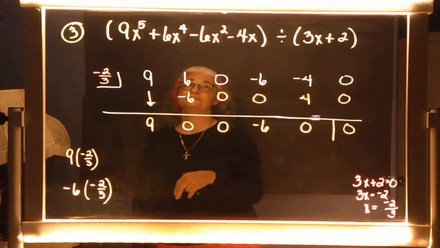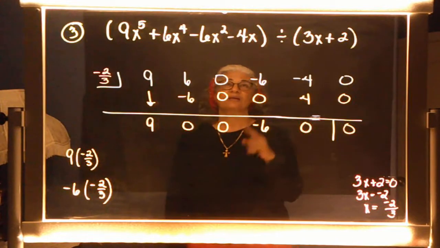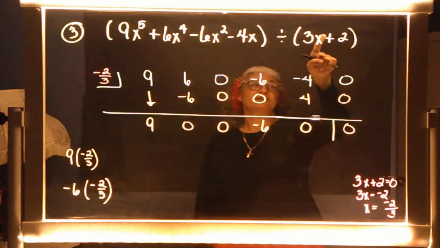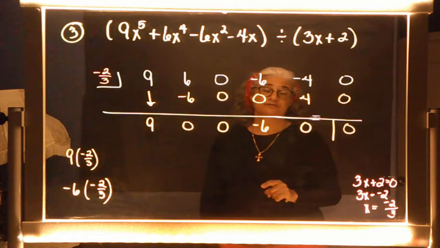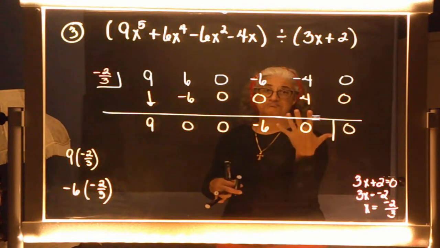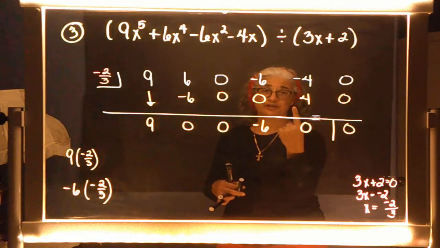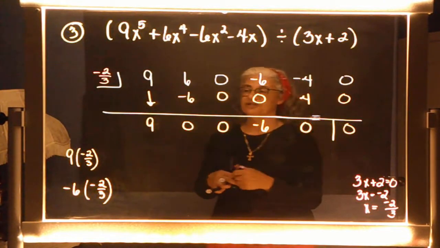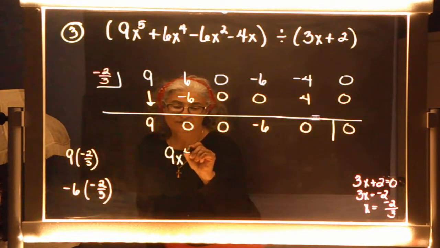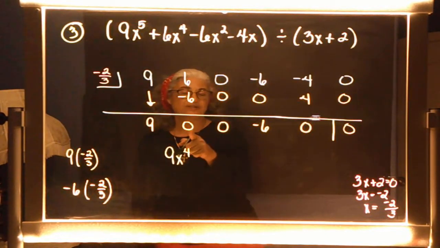So let's look. I've got a 5th degree polynomial divided by a 1st degree polynomial. So 5th degree divided by a 1st degree, 4th degree. So this 9 is the coefficient of x to the 4th, isn't it? What's that 0? X to the 3rd.